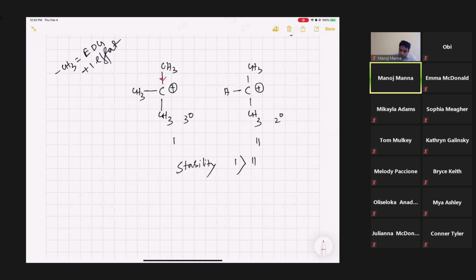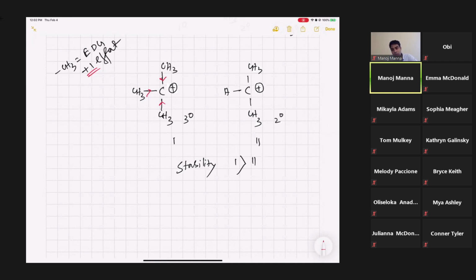So CH3 plus I effect means the electron pair is pushed this direction, like you have 2 electrons over the bond between carbon and carbon. So CH3 is an electron donating group, so it has a plus I effect or positive inductive effect. That means it's pushing electron towards carbon.